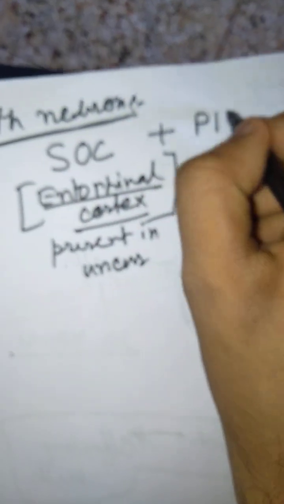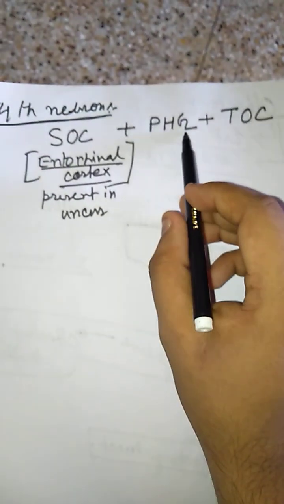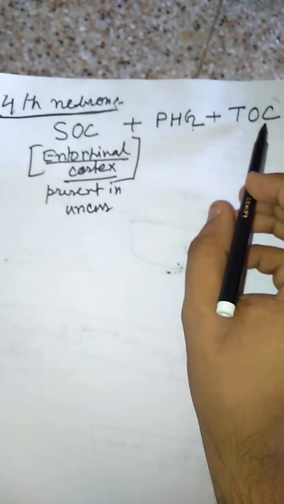You should remember all these names. Where is it present? It is present in the uncus, plus the parahippocampal gyrus, plus the tertiary olfactory cortex. Secondary olfactory cortex, parahippocampal gyrus and tertiary olfactory cortex, okay.